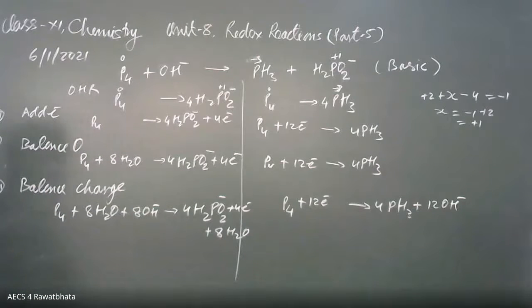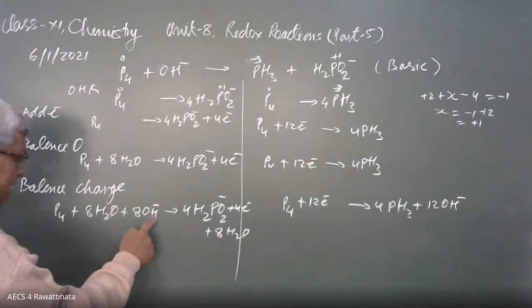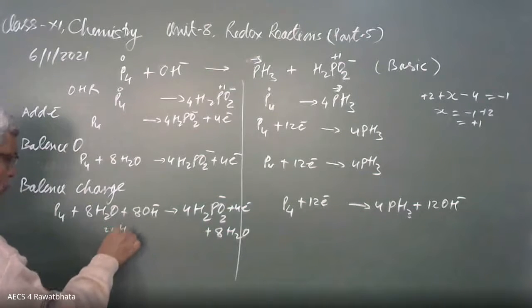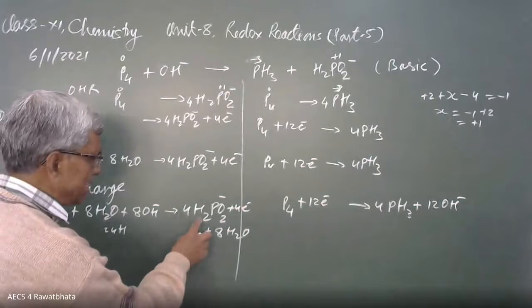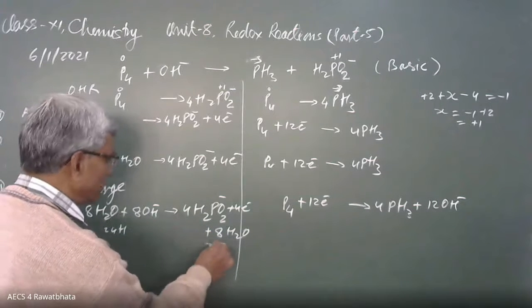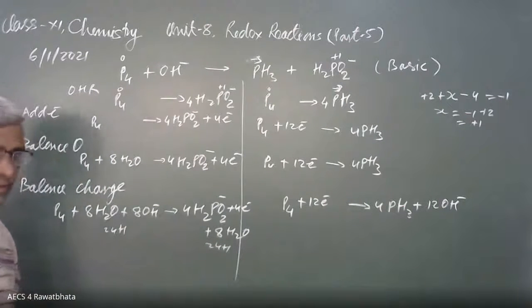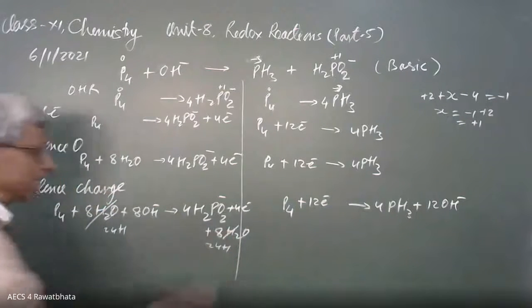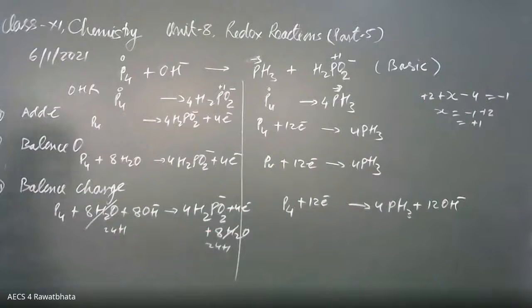Okay, beta? Check the hydrogen. 8 2s are 16 and 8, 24 hydrogen on this side, and on this side 4 2s are 8 and 8 2s are 16, so here also 24 H. So 8 H2O we can cancel here itself. Okay, beta?